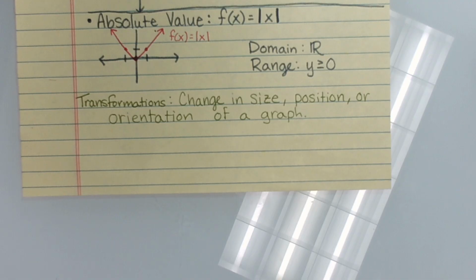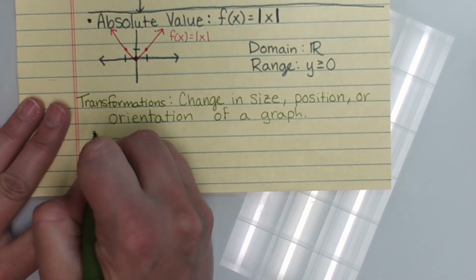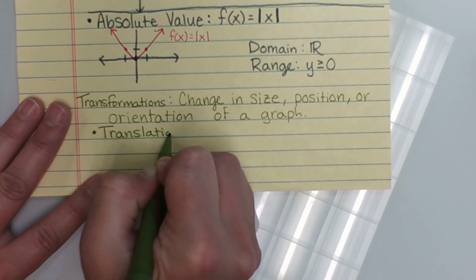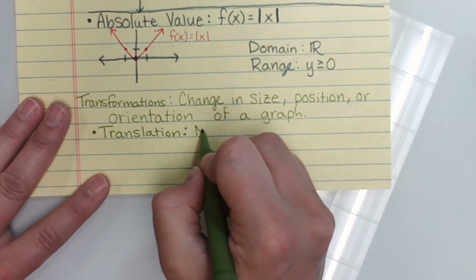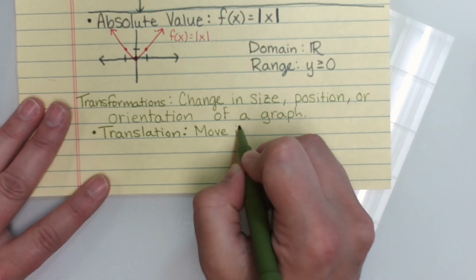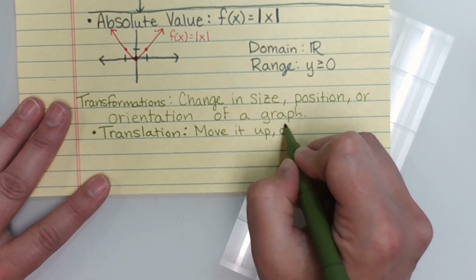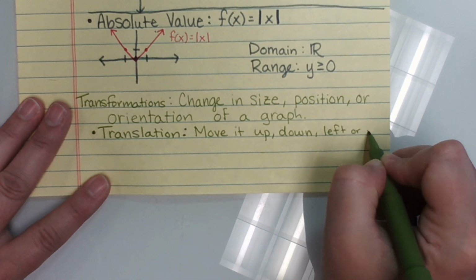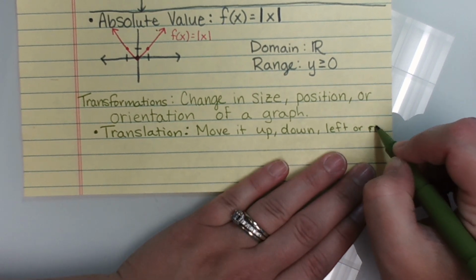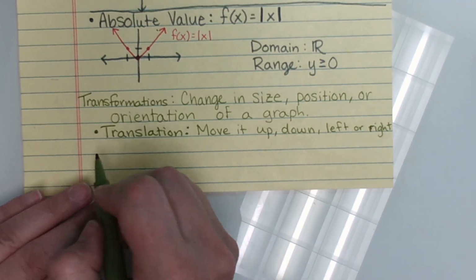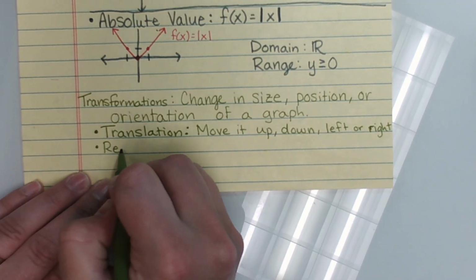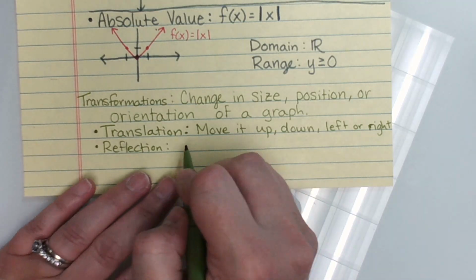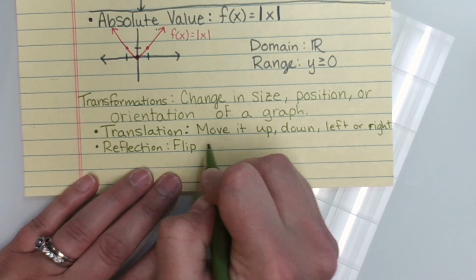There are three main types of transformations that we talk about. A translation, which is where we move it up, down, left, or right. There are reflections, where we flip the graph over.